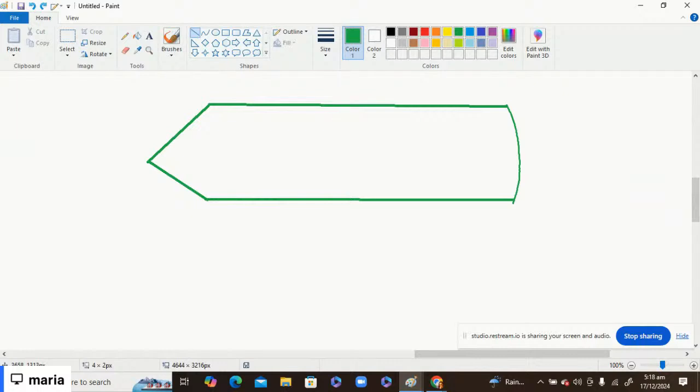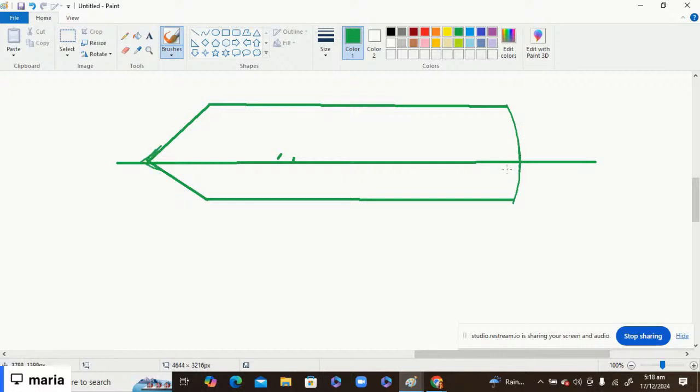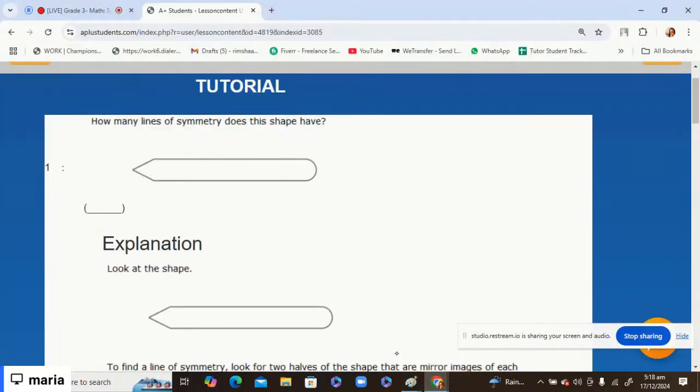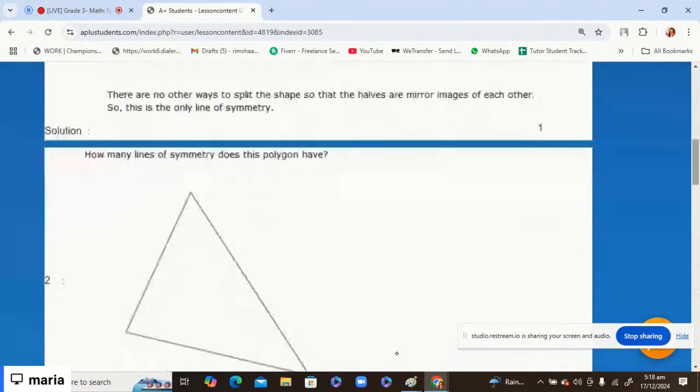Basically the line of symmetry for this shape is this one, okay, from its center. Why? Because look here, this shape is like this, and here is the circle, so it's only cut down from the middle of this. So we can say that this is the line of symmetry, it's only one.